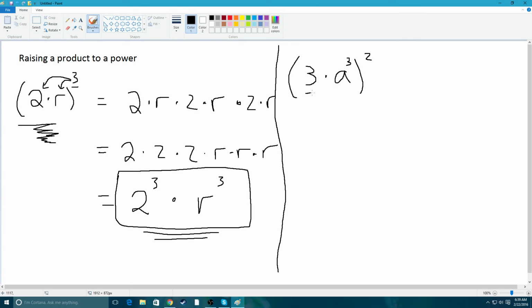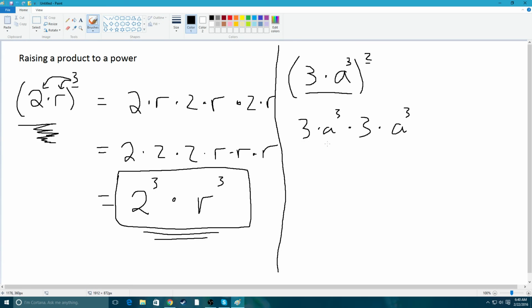So again, we have a product in the parentheses. The 2 means we're going to multiply what's inside the parentheses together twice. So this is 3 times a to the 3rd, that's 1. And 3 times a to the 3rd, that's 2. So there's where our exponent of 2 goes.